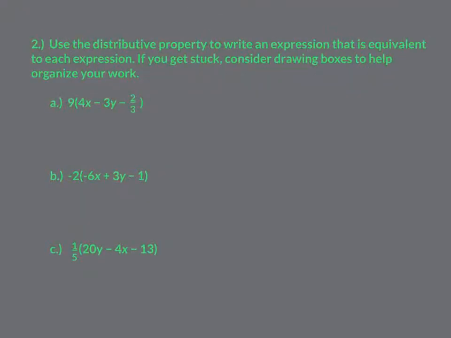Okay, next we're going to be using the distributive property to write an expression that is equivalent or equal to each expression. And they suggest, of course, using the boxes to help organize our work, which I know for a lot of you has been very helpful. So I am going to set them up like that. We've got 3 terms here, so I'm going to make 3 boxes side by side.